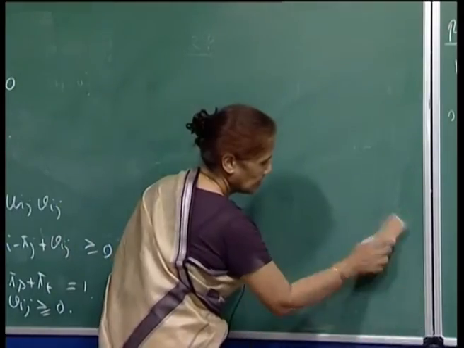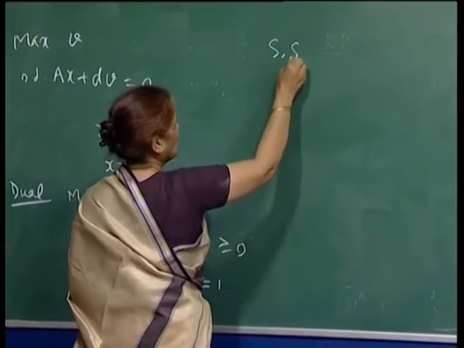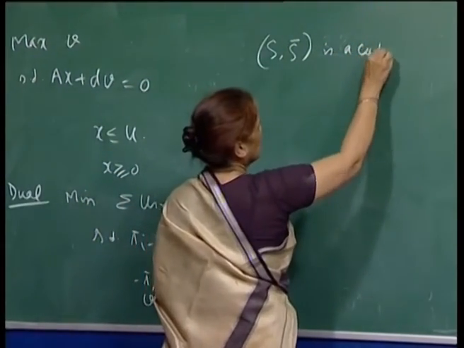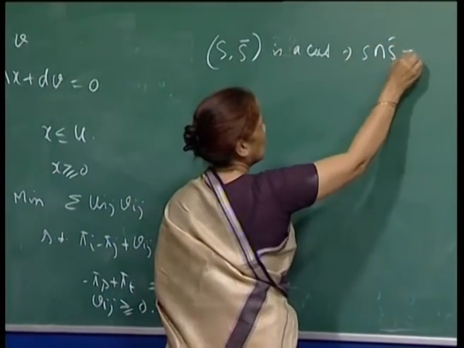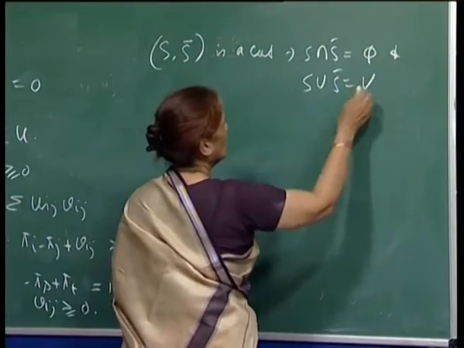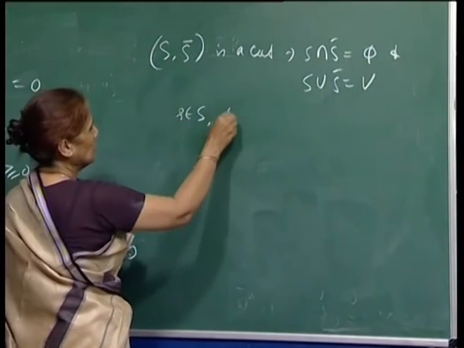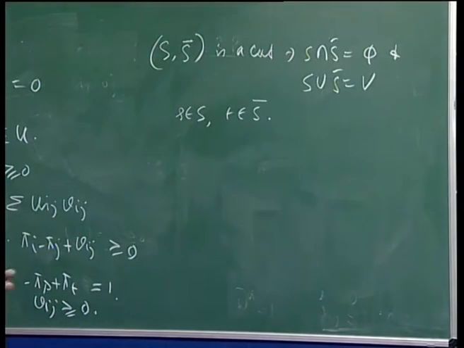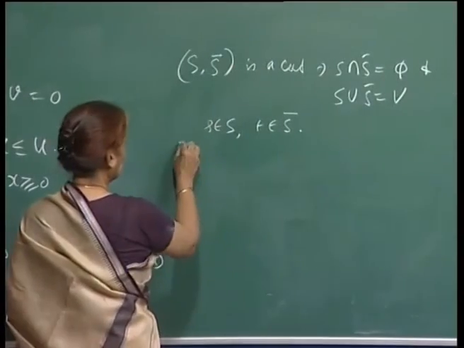In this particular case, S, S bar is a cut such that S intersection S bar is empty and S union S bar is V, and we are considering particular cuts where s belongs to S and t belongs to S bar. Because we are trying to send flow from s to t, now let me define a dual feasible solution.